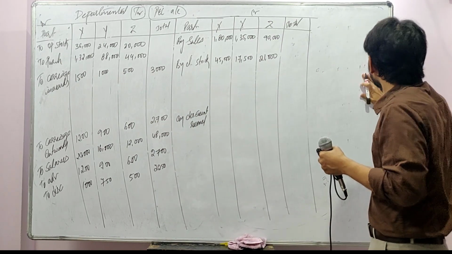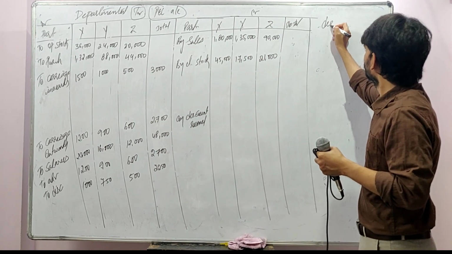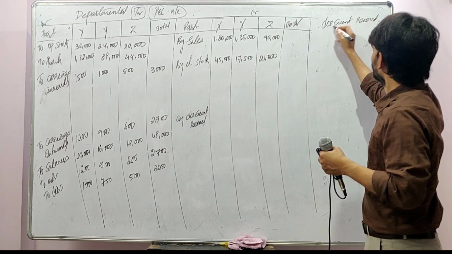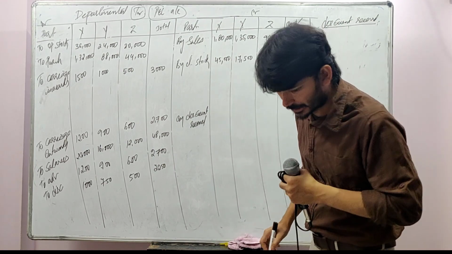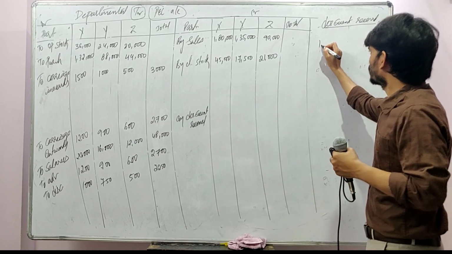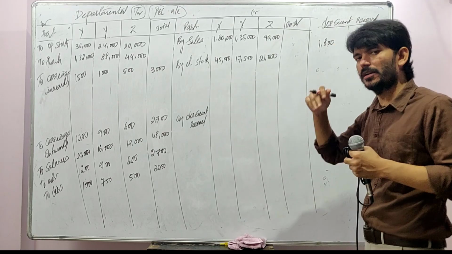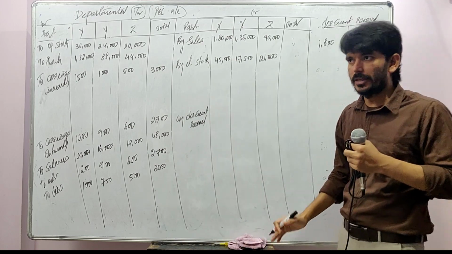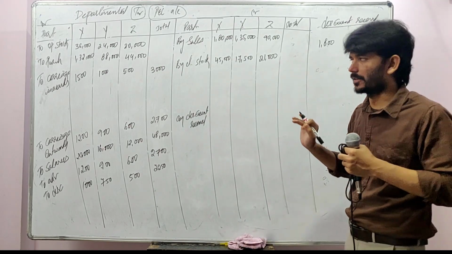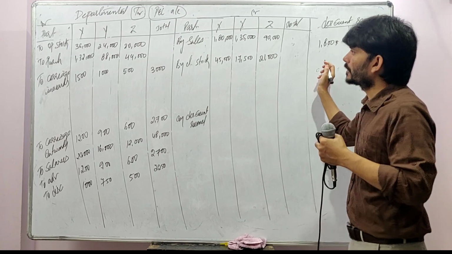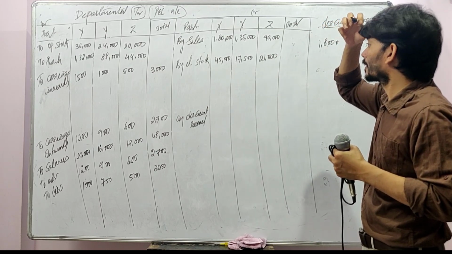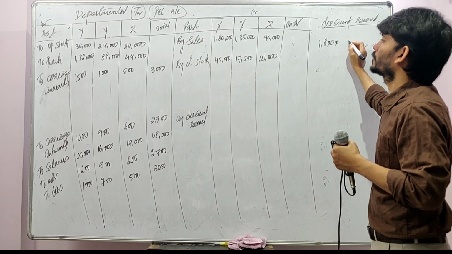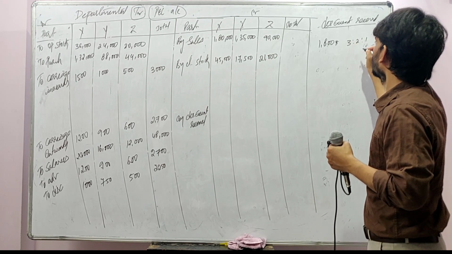So this discount received 1800 should be based upon your purchases. It's more of common sense. 99% of the time the answer will be right. But you think what is the basis for that item. So it is on purchases. For purchases, what we have done, we have taken one ratio also, 3:2:1.